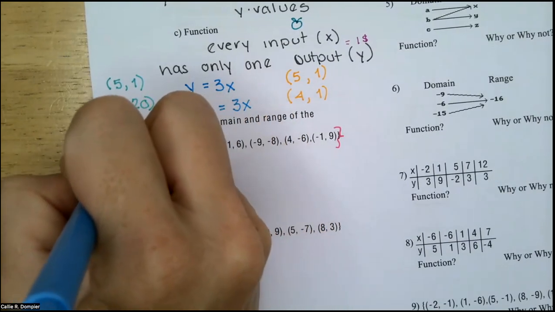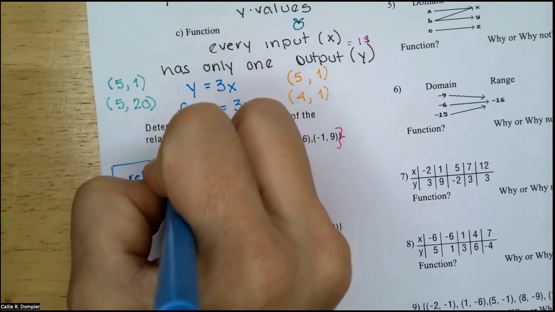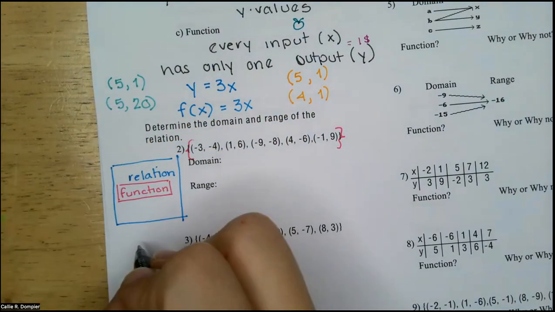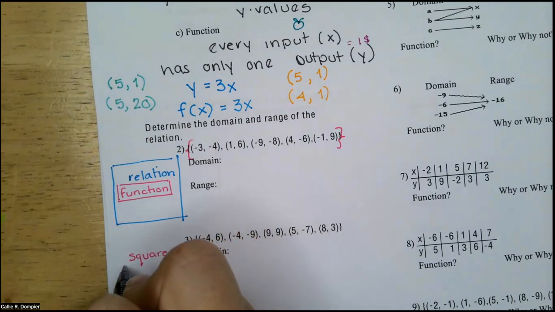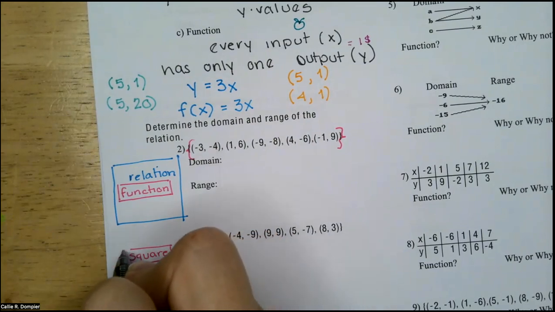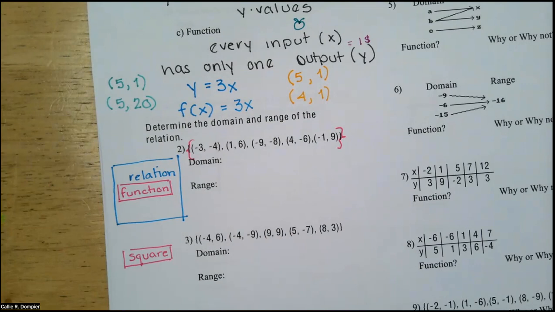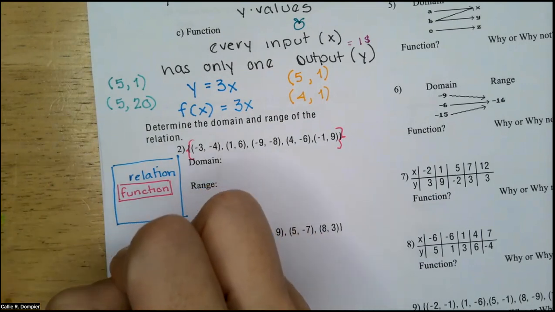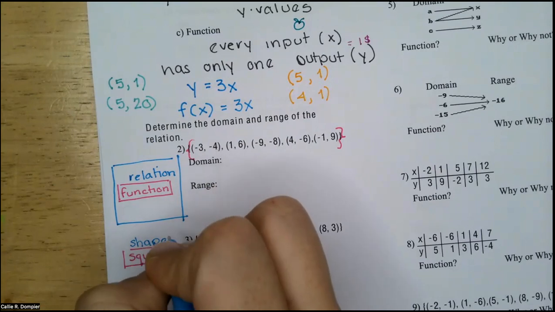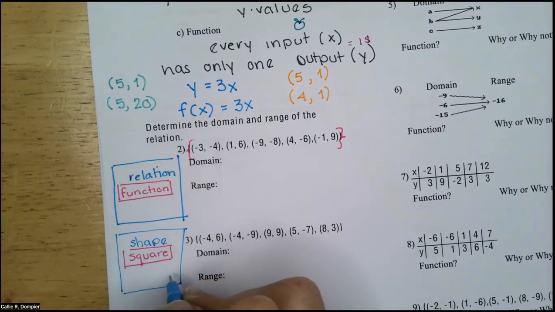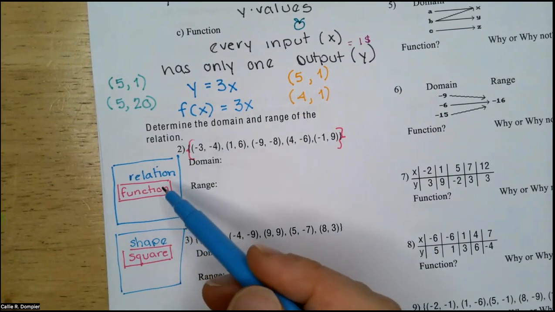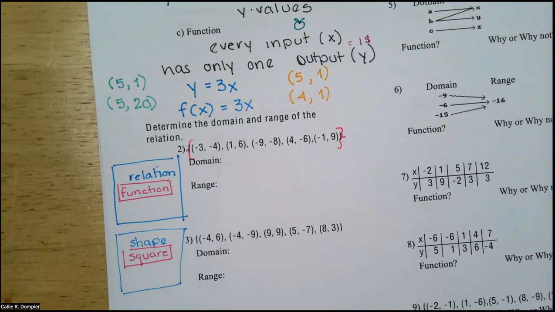Every function is a relation, kind of like how every square is a shape. Or you could say even a rectangle, right? Every square is a shape, but not every shape is a square. You also will have a box for circles, a box for triangles, okay? So all functions are relations, not all relations are functions.